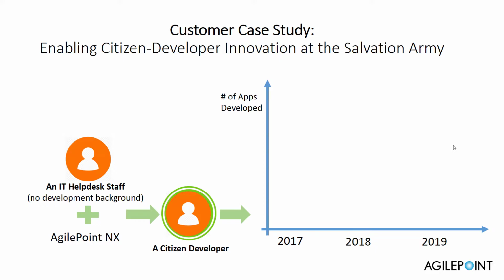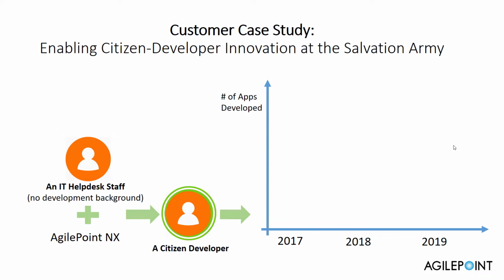Now, this slide here is an excerpt from a webinar that we did with the Salvation Army and Forrester Research about a year ago, and is a great testament to what can be achieved with AgilePoint in the hands of a less technical user. The Salvation Army was not realizing their application development goals, so they went into the teams and found a power user and enabled them to build applications using AgilePoint.